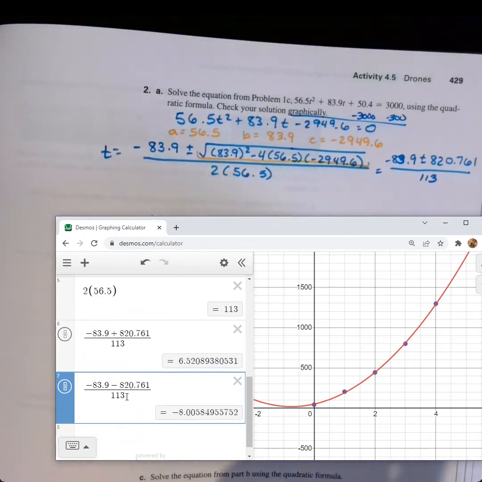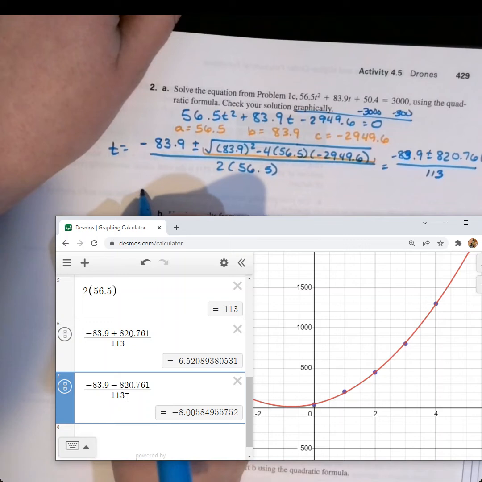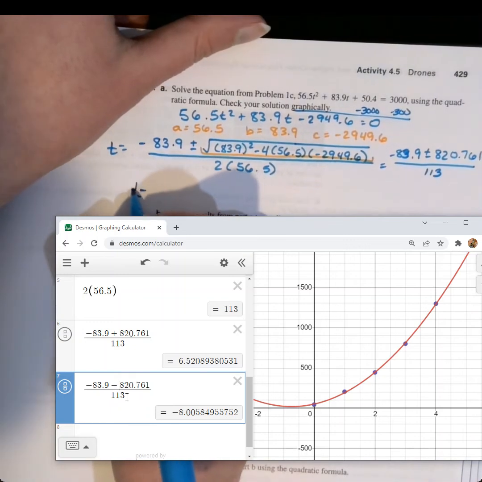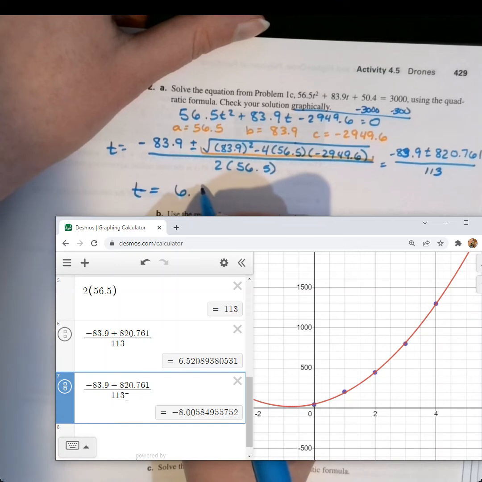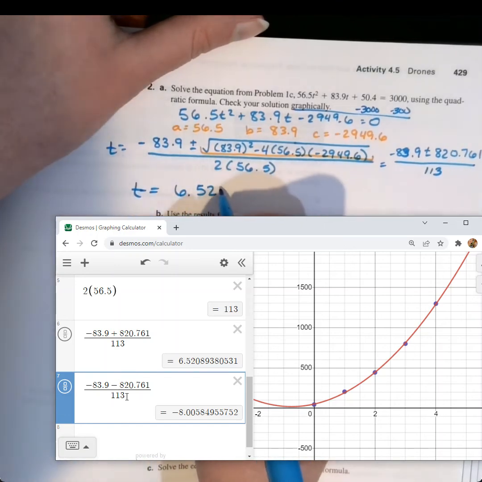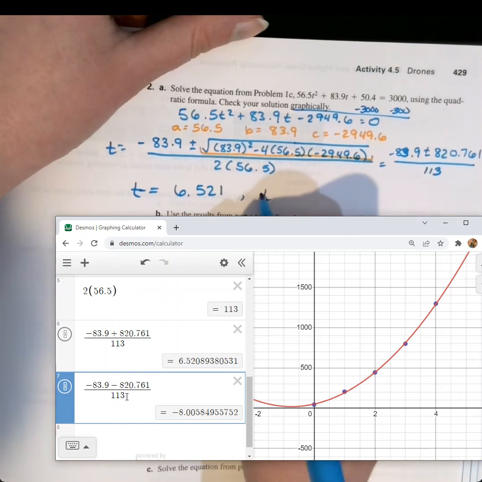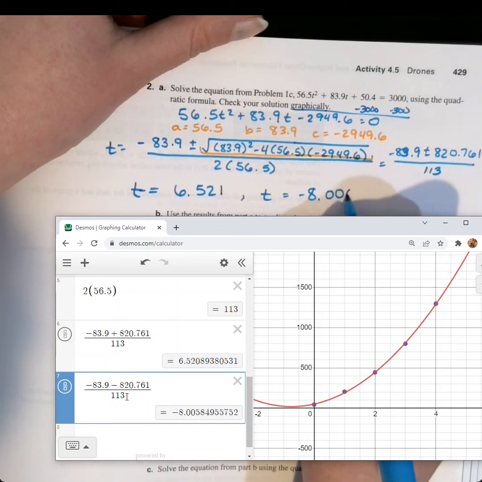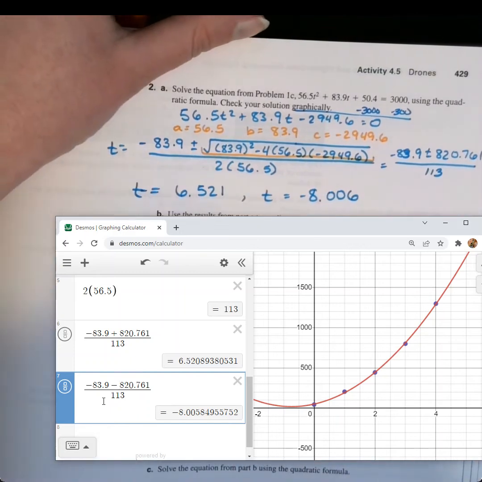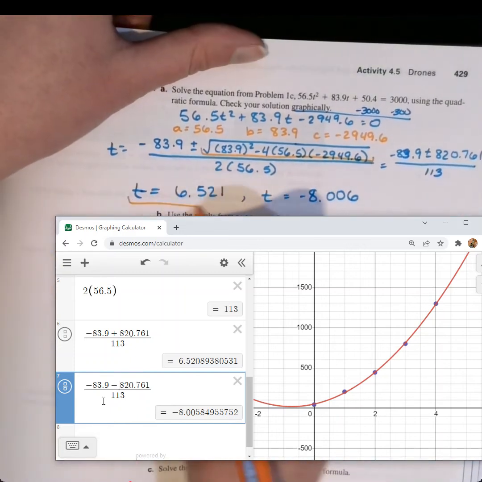So my two answers for T are 6.521 and negative 8.006. So those are our two answers for T.